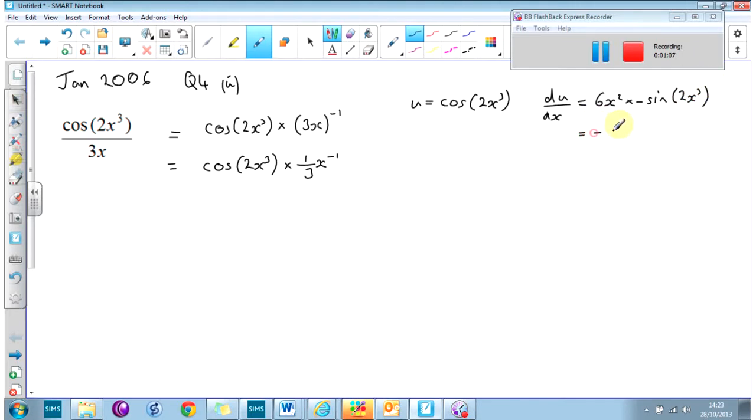And just tidy that up, so I've got minus 6x squared sine 2x cubed. And now my v. V is going to be the other term, which is 1/3 x to the minus 1, which means dv by dx is equal to minus 1/3 x to the minus 2.